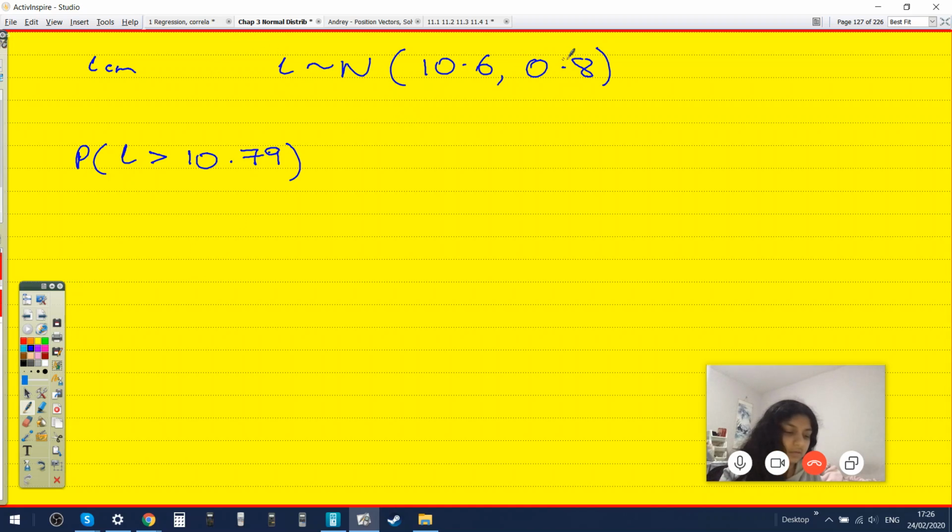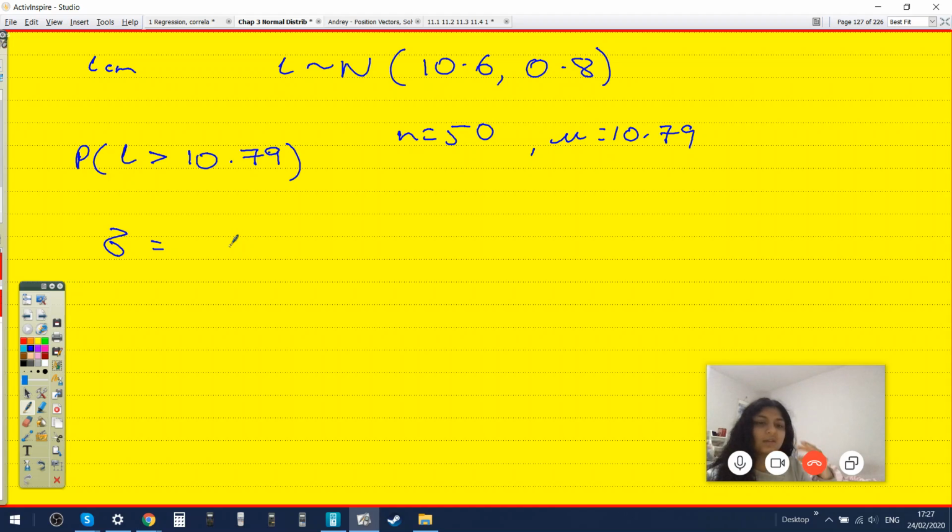So what came after this one? 10.6, 0.8? A check on 50 rods showed a mean length of 10.79. And so, yes, that's where it's wrong. That isn't the standard deviation. What is the standard deviation? No, 0.8 is the variance, not the standard deviation.